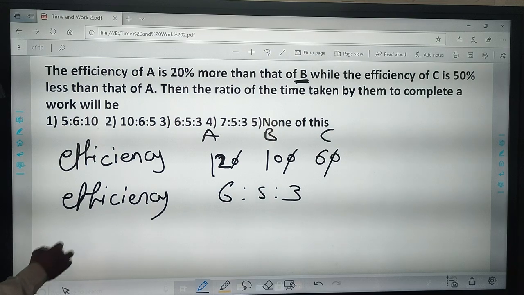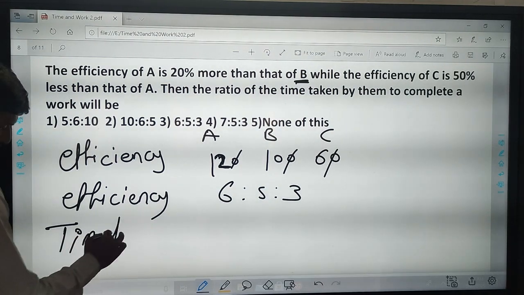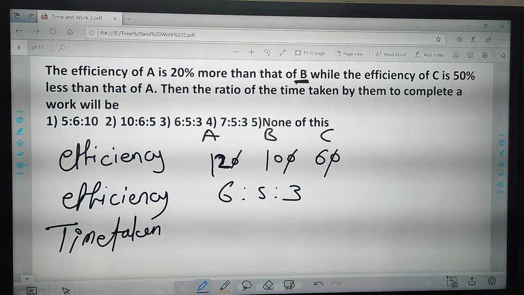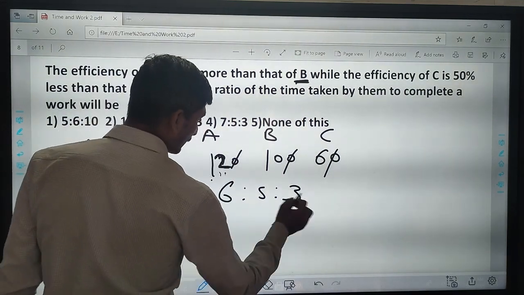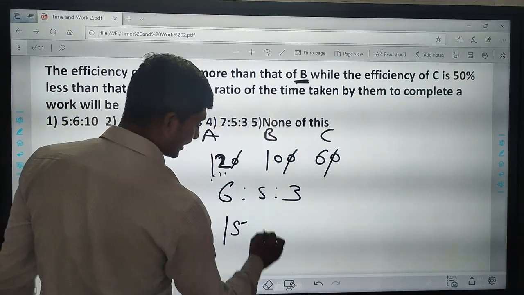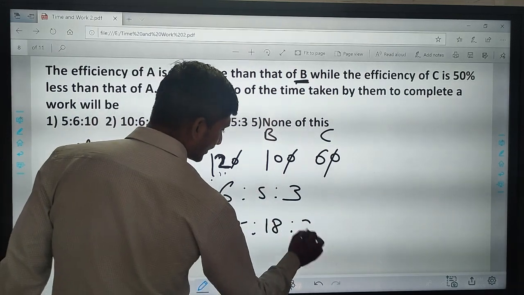Now the ratio of time taken. Then the ratio of time taken is, we take the cross multiplication of these. 5 3s are 15, 6 3s are 18, and 6 5s are 30.